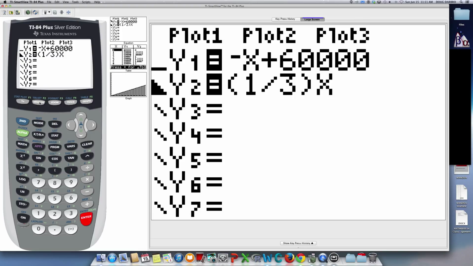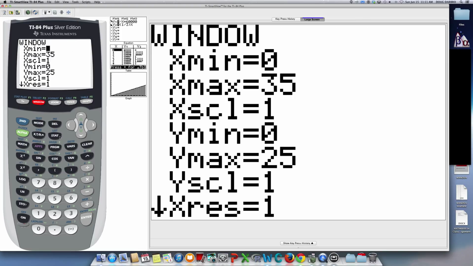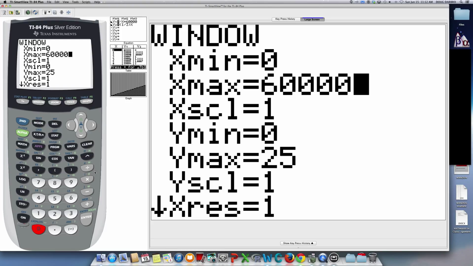Okay, now we've got to set our window. So our window's a little bit different here, right? So we're going to run this thing not from 0 to 35,000, but from 0 to 60,000. And I want to run this one from 0 to 60,000 as well.